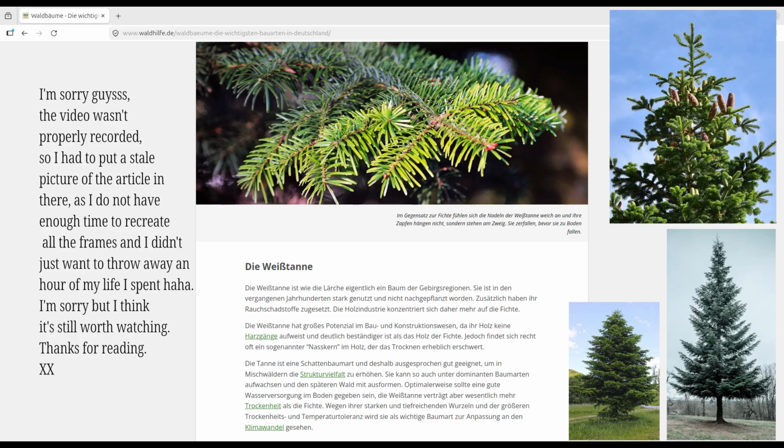So, wegen ihrer starken und tiefreichenden Wurzeln und der größeren Trockenheits- und Temperaturtoleranz wird sie als wichtige Baumart zur Anpassung an den Klimawandel gesehen. So, wegen, because of, not to be confused with the word Wege, which means ways or paths. Wegen ihrer, her or its strong und tiefreichenden, deep or deeply.